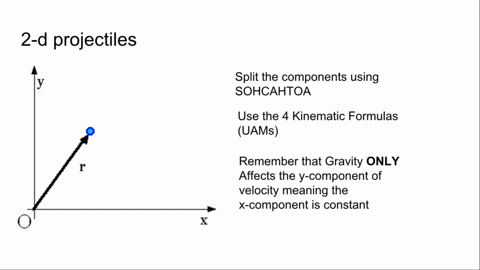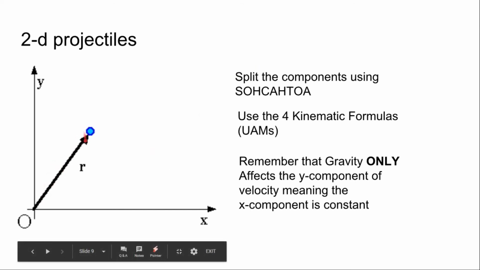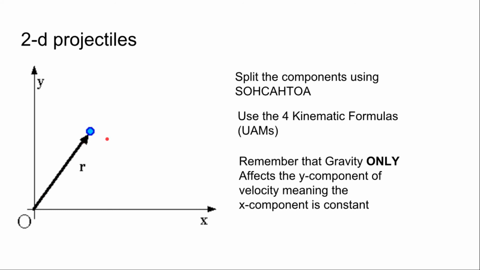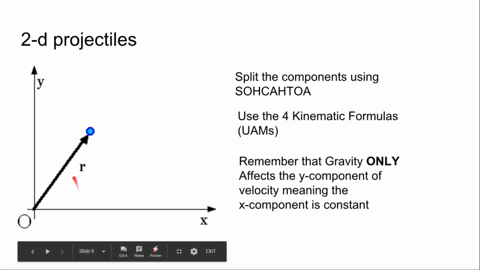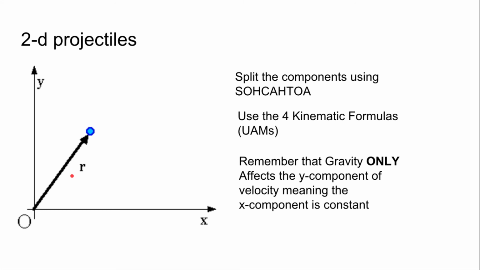So now we have advanced into 2D projectiles. This is where there are two directions, where a projectile is fired from an initial position. So here we have our initial velocity vector called r for some reason. Usually it's called v or something. So it comes out at r, and then it would come out at this angle, somewhere down here, that is supposedly theta, or whatever they mark it.